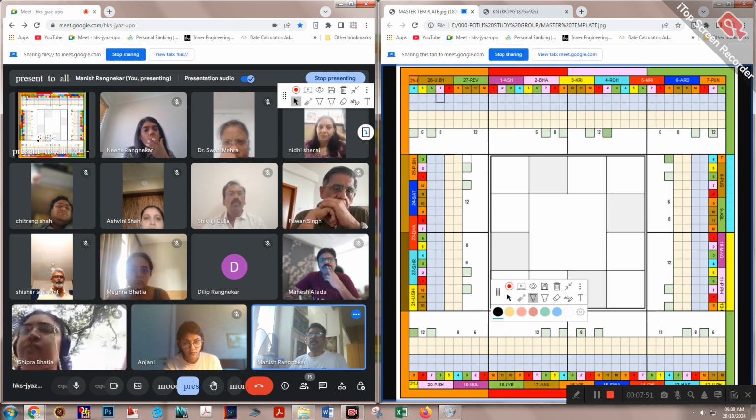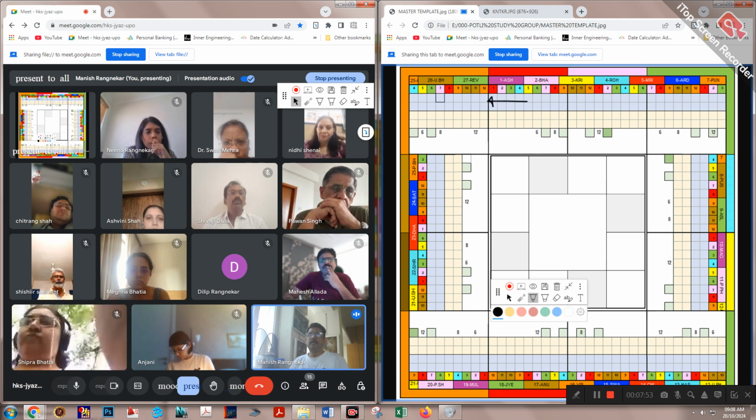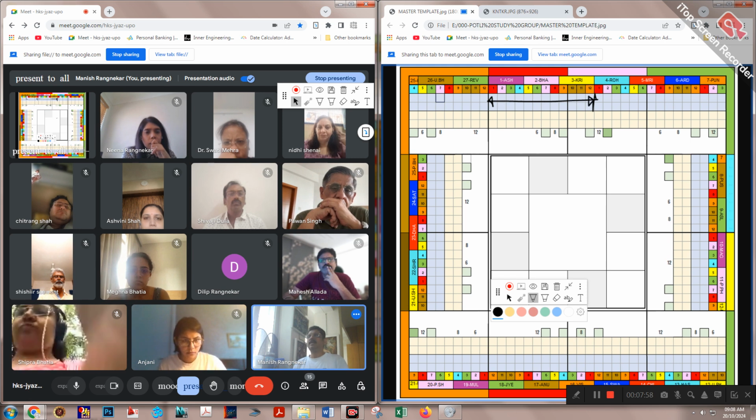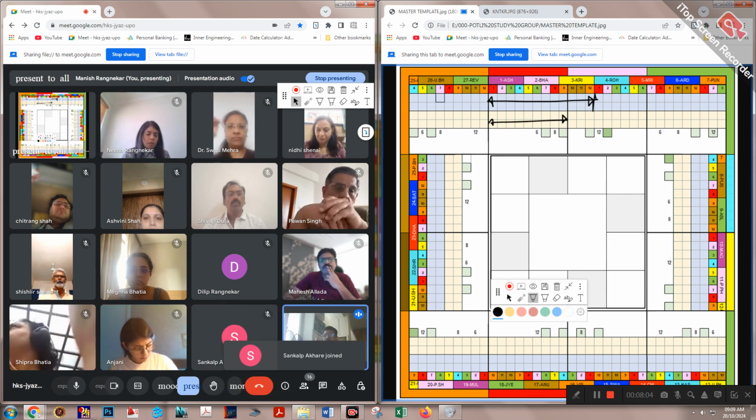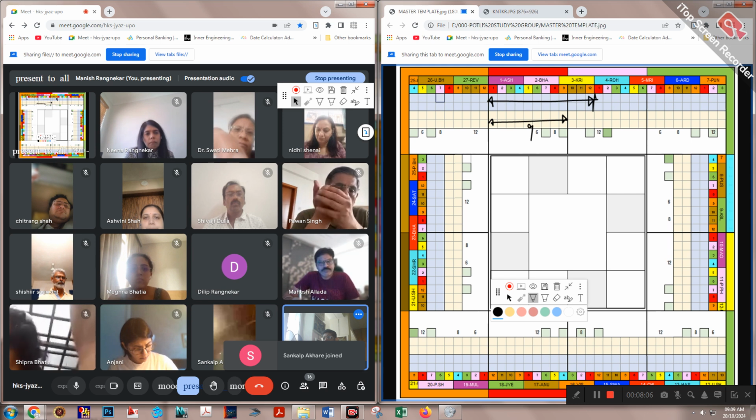Now this what you see over here from 1 to 12 is basically what is called a Navmansh Pada. See, Navmansh में this entire thing has been divided into how many divisions? 9 divisions. Now अंश में 9 divisions. Okay.